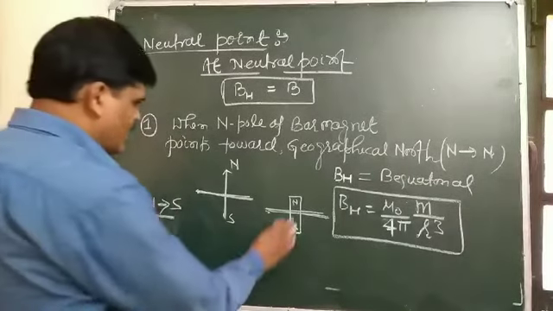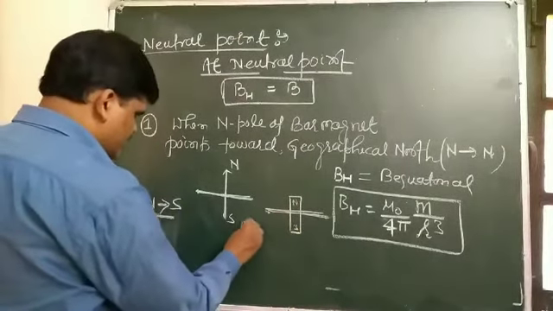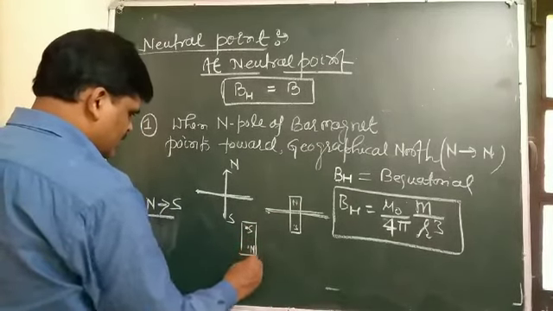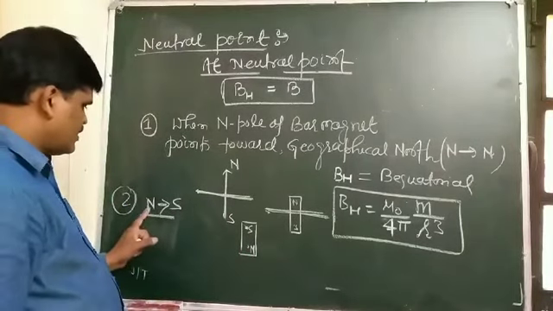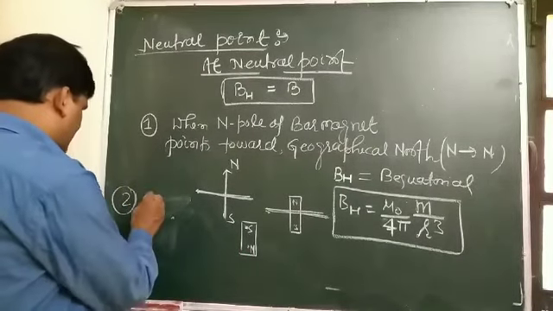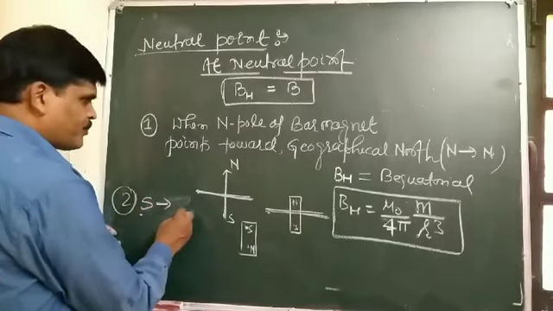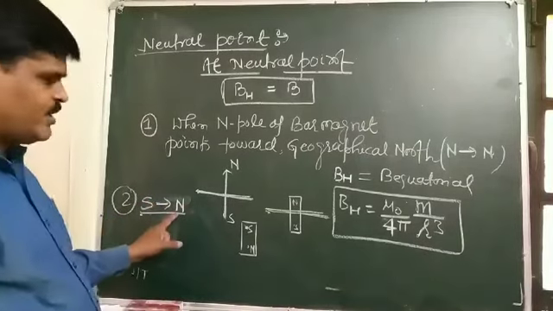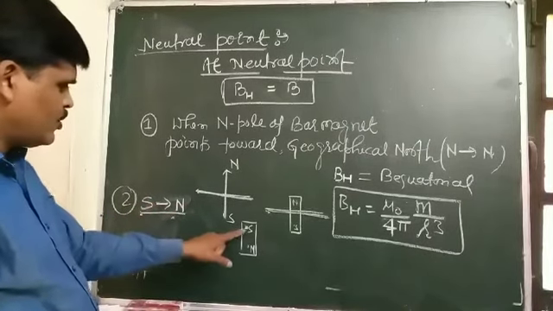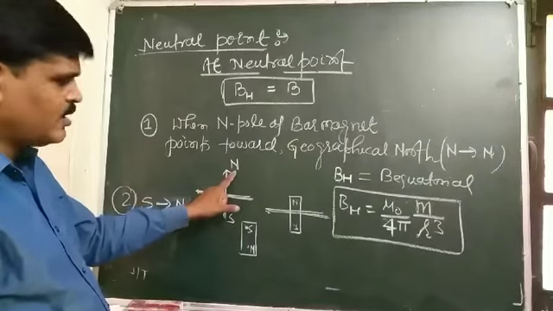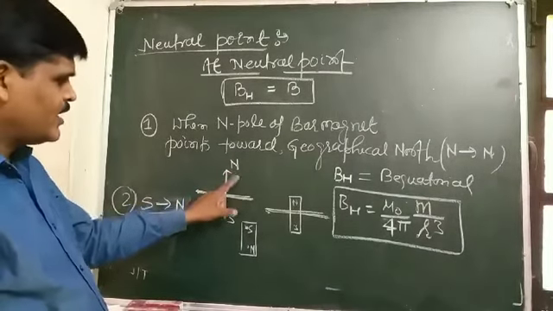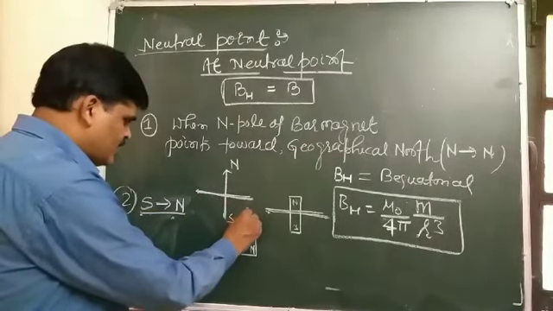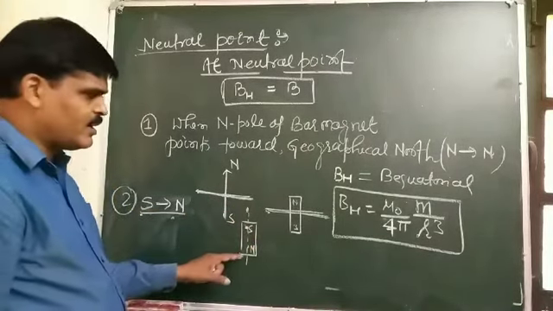And the second part, you already know, when N points S, means what? When the south pole of the bar magnet points toward the geographical north, in that case the neutral point is obtained on the axis of the bar magnet.